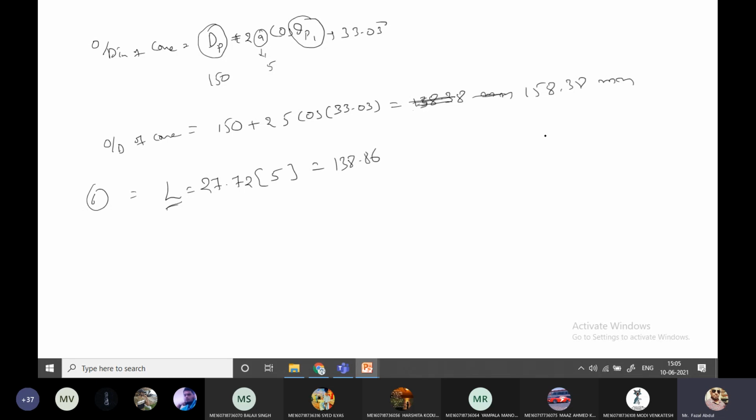Most of the time the pinion is the weaker one, so I apply the Lewis equation to the pinion. All parameters required in the Lewis equation I calculate separately, substitute, and get the module value.